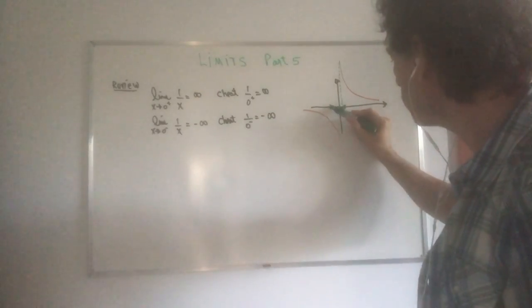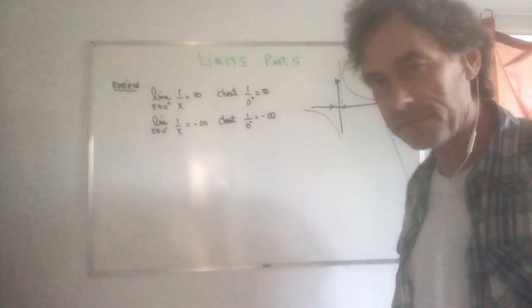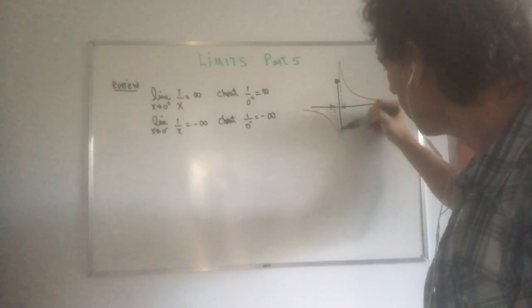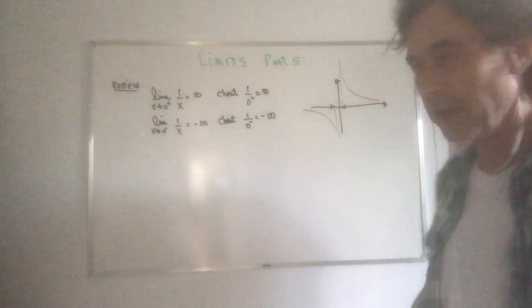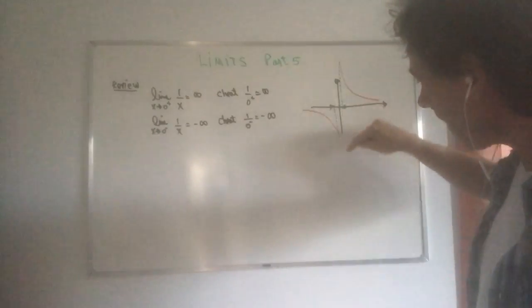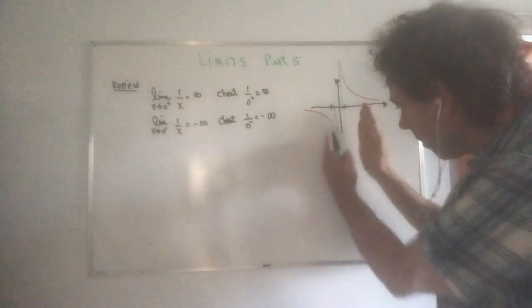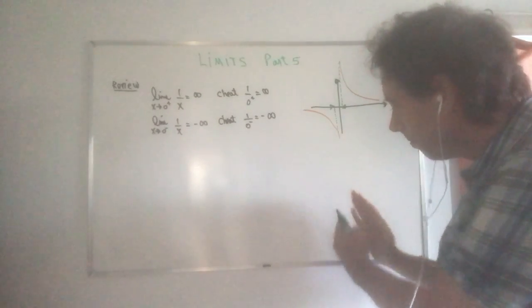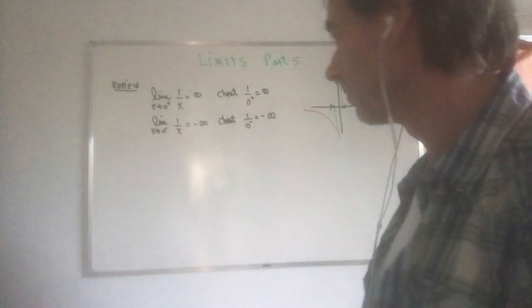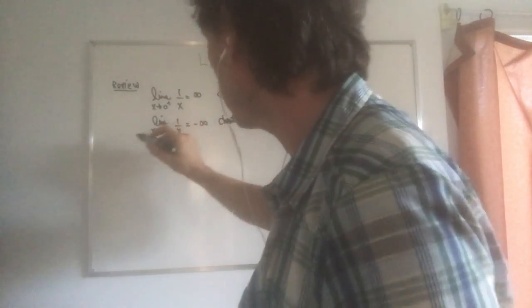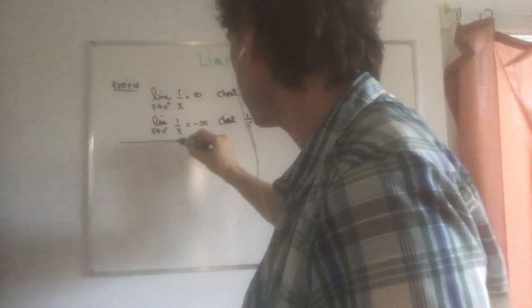And if I approach 0 from the left side, then the y value is over here, and it tends to go towards negative infinity because the y-axis is an asymptote, so the graph never connects. It only gets closer and closer and closer, but it actually never touches. Good. So that's what we saw last time.